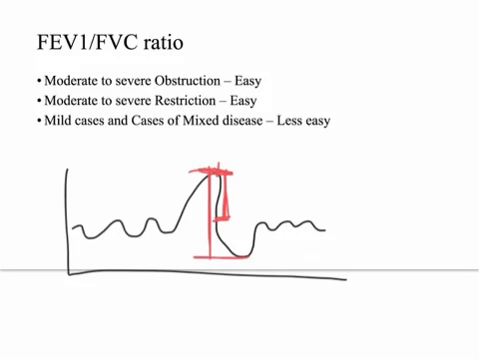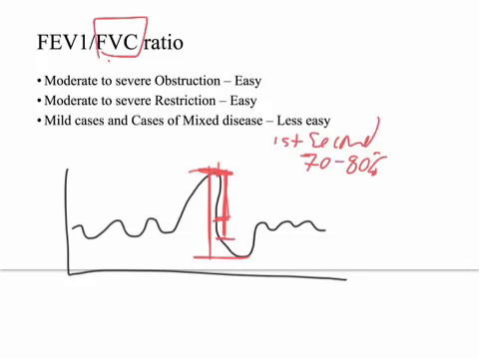And I actually probably should have drawn that a little bit lower. It's usually about 80% in the first second. In the first second, around 70 to 80% of your entire forced vital capacity can be pushed out if you forcefully expire.